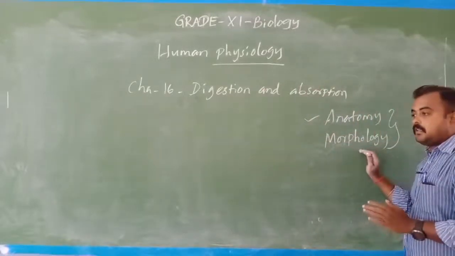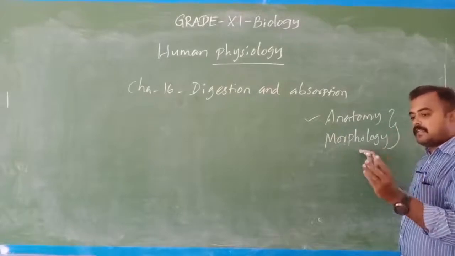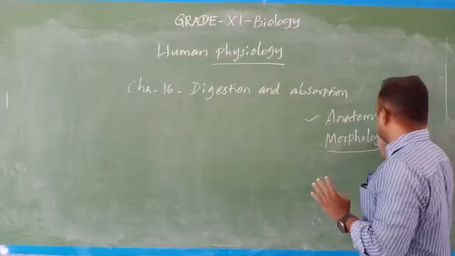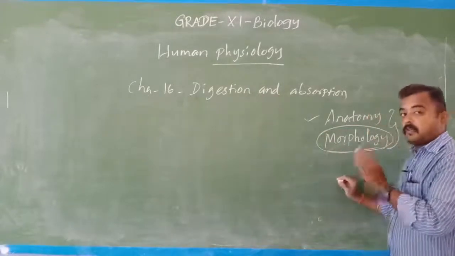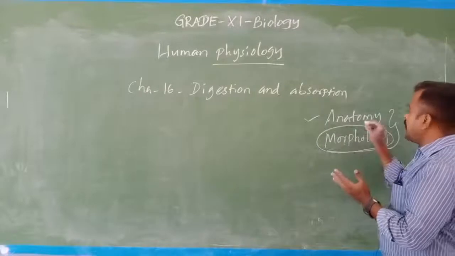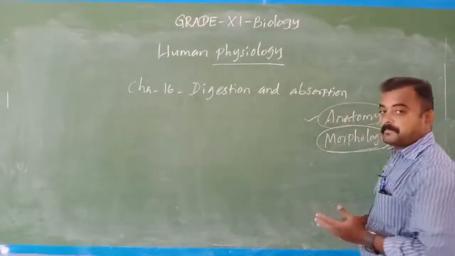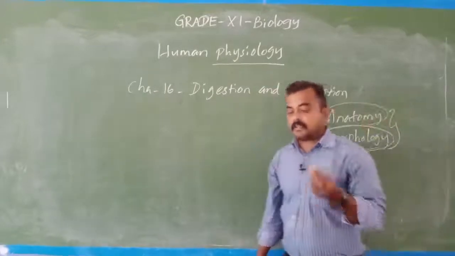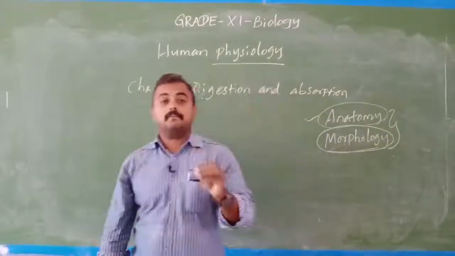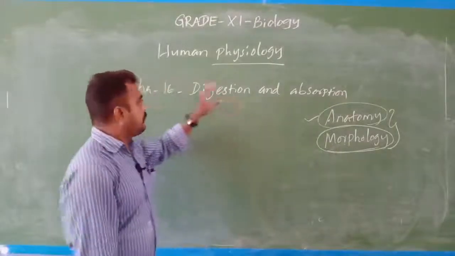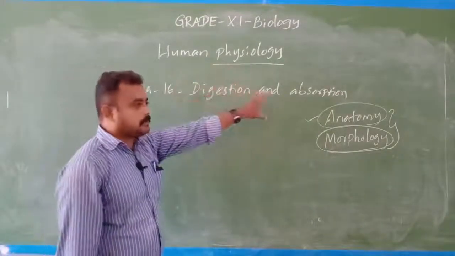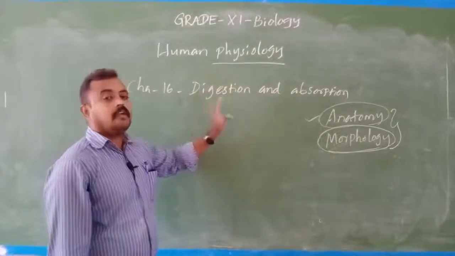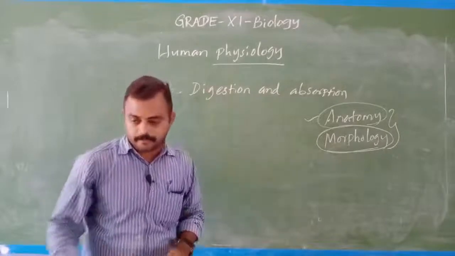In morphology we deal with the size, structure and shape of living organisms, so it is about external things. But anatomy is internal structure. In physiology we are going to study internal structure as well as their functions. So in the first chapter, digestion and absorption, we will study the digestive system, its structure and functions.